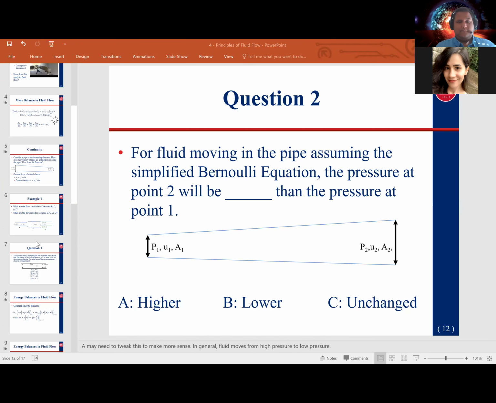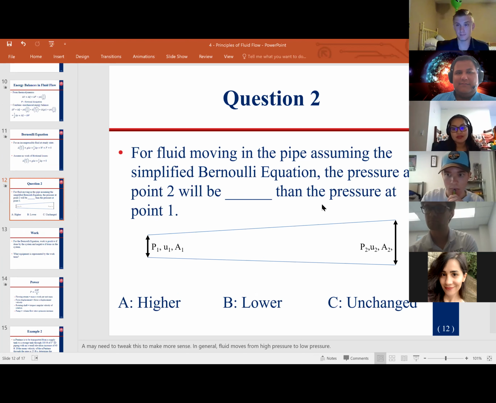Did you want us to justify our answer mathematically, or more conceptually? Conceptual is fine with me. Okay. Would you like to volunteer, Claire? Yes.